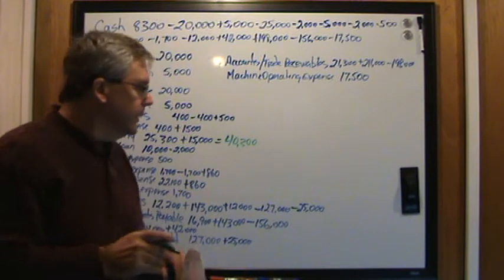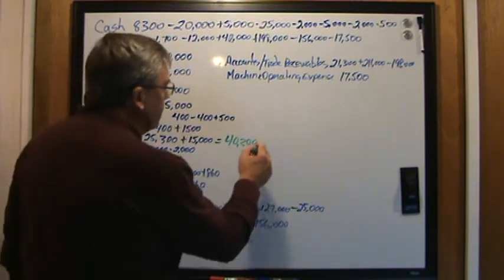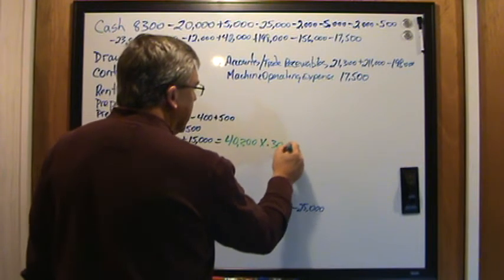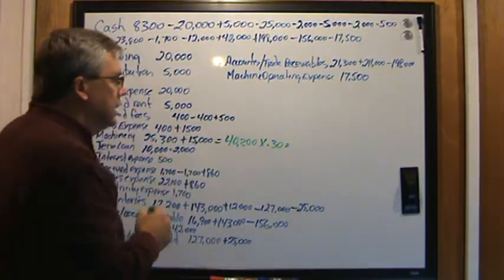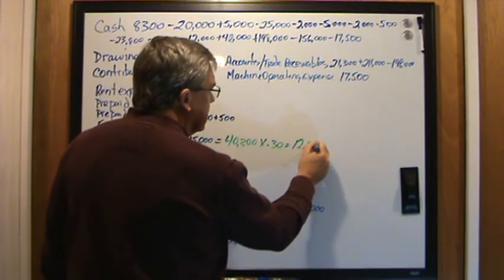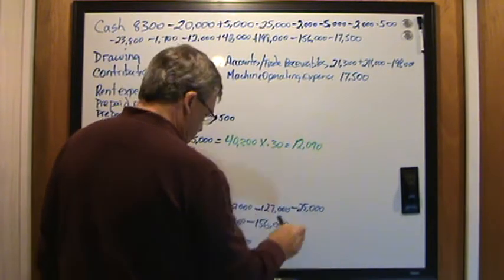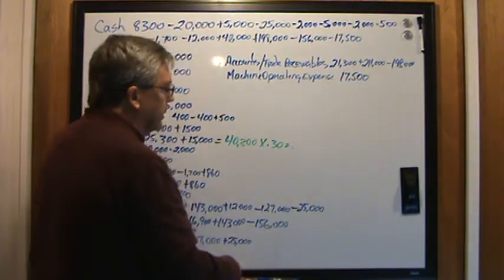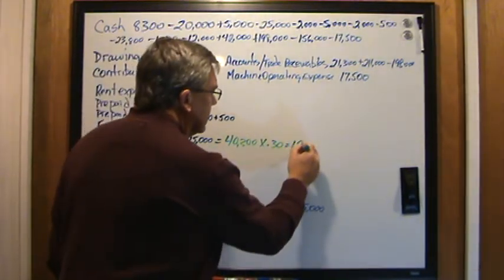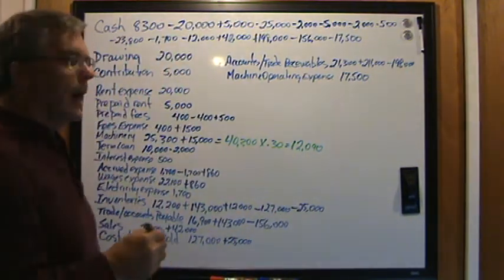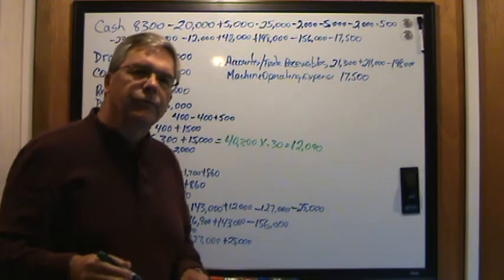Now we multiply that by 30%, so multiply it by 0.3, and that gives you 12,090. That represents your depreciation for the year.